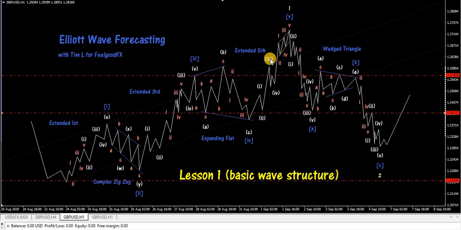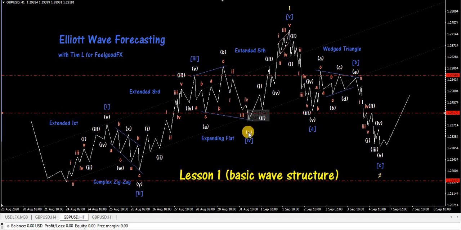Okay, I've just finished my wave 3. I expect some sort of correction. My wave 2 was a complex correction, so I'm expecting something more simple now. And I'm waiting for the market to feed me an emotion that says I need to start selling. This impulse wave is going to do that.